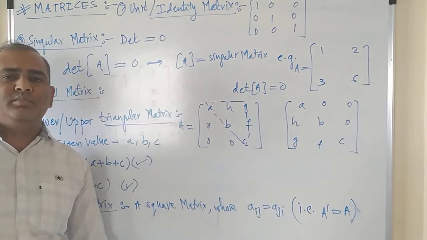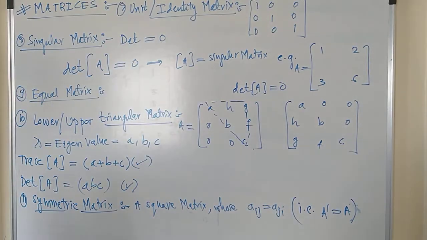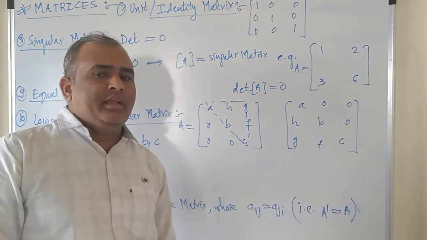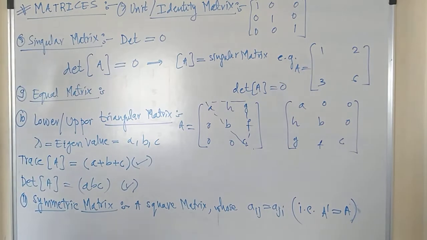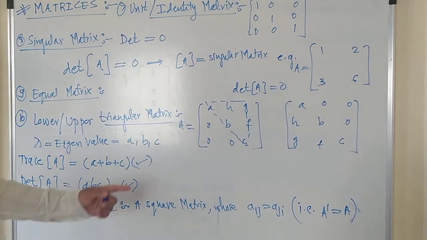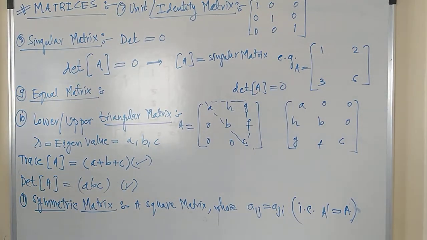That is called A prime is equal to A. A prime is the transpose of the given matrix, isn't it? So Aij equal to Aji is called the symmetric matrix, and a symmetric matrix is a square matrix. That means its rows and columns must be the same. That is called the square matrix.